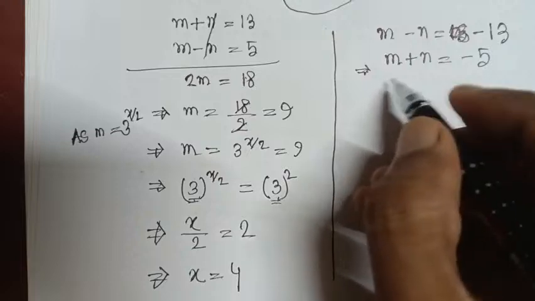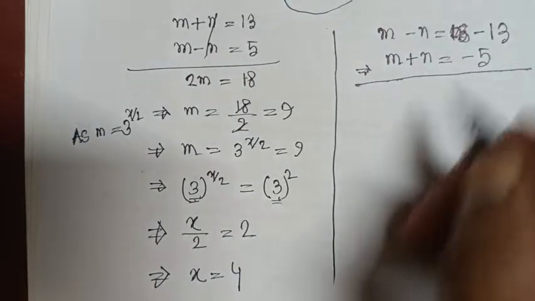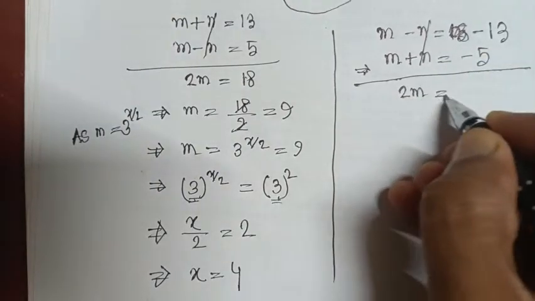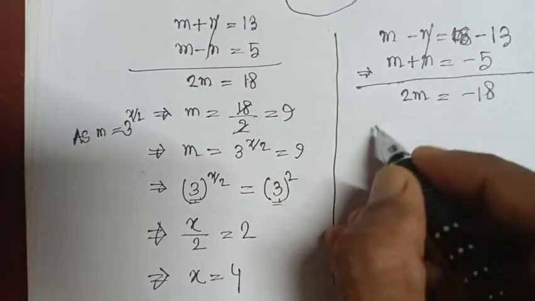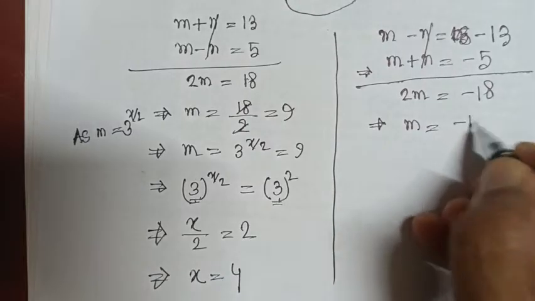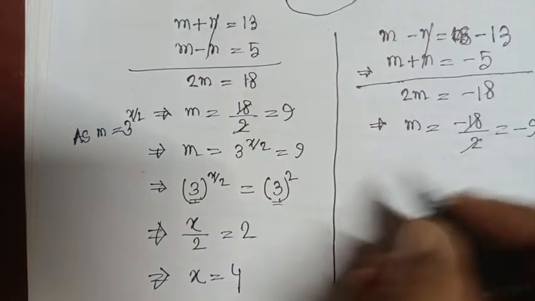If we do that, we just add them. After adding them, we get twice m is equal to minus 18, and m equals minus 18 by 2, which cancels out to minus 9.